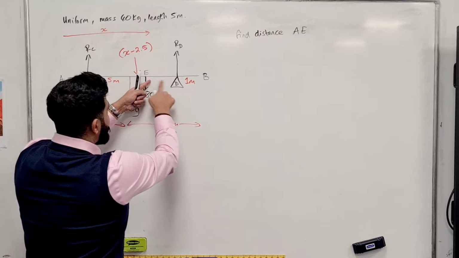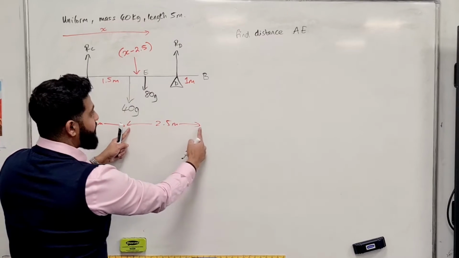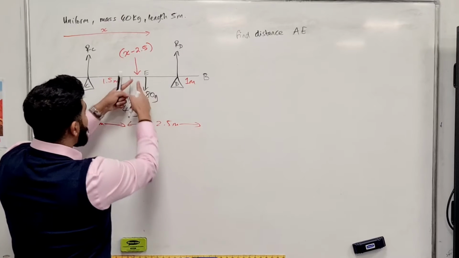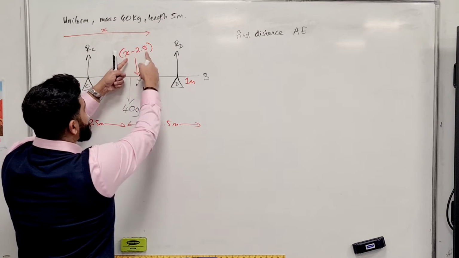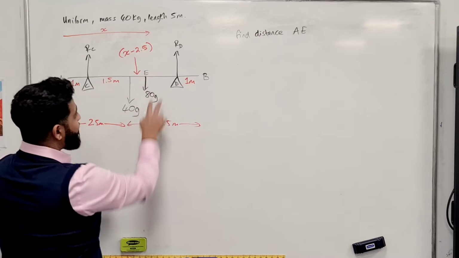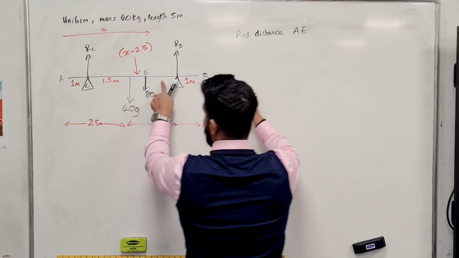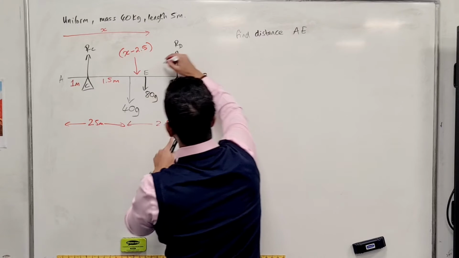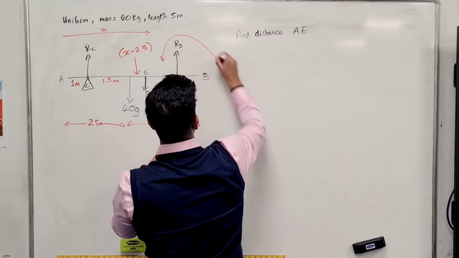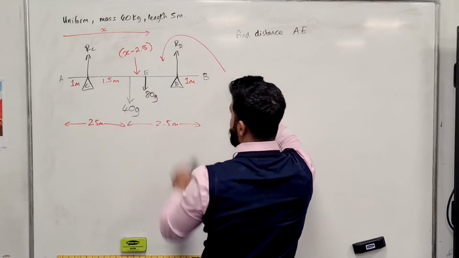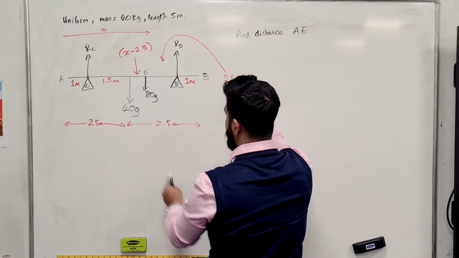What would this be then? Well, we know that this is 2.5, all of that. We know that this is X minus 2.5. So to find this length here, let's do an arrow coming out. We start with 2.5.